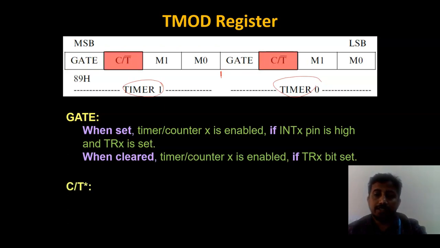Now comes the C of T bar. Here, whenever a pin or any bit is defined with C or T bar, T bar indicates this is for timer. When it is 0, the timer will run.